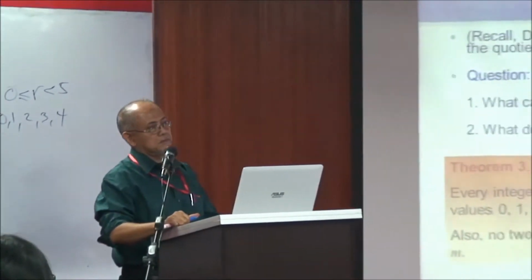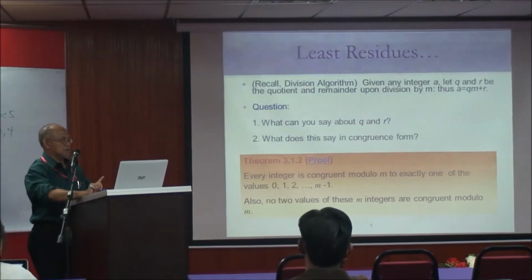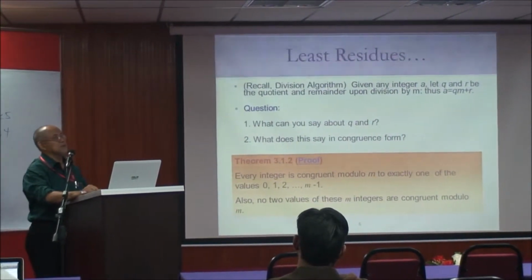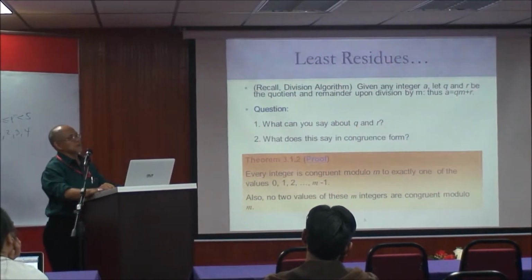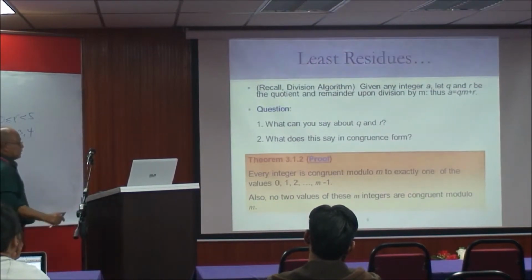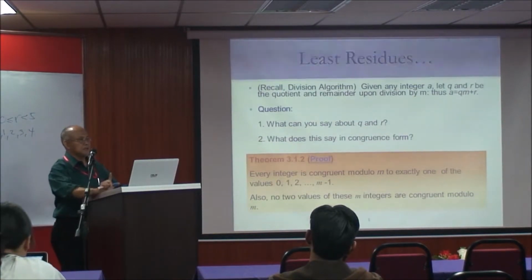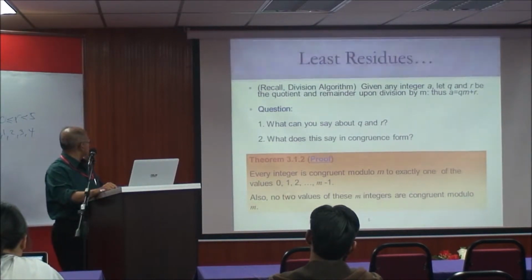So the possible values of the remainder are the 5 values, which are 0, 1, 2, 3, and 4. Whatever integer you put here, no matter how big it is, the remainder must be exactly one of those integers in this list, right?